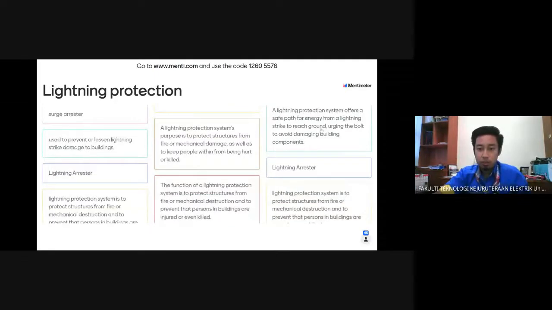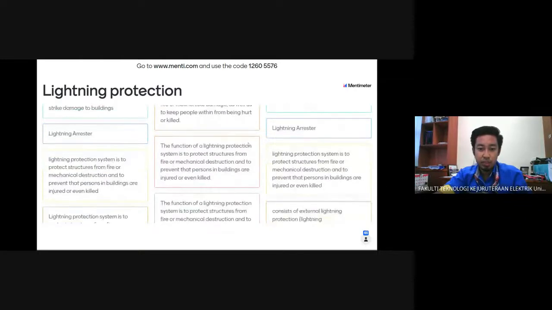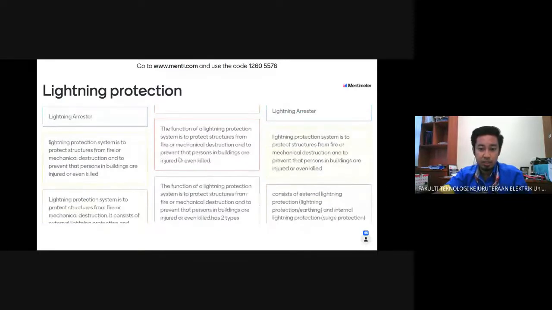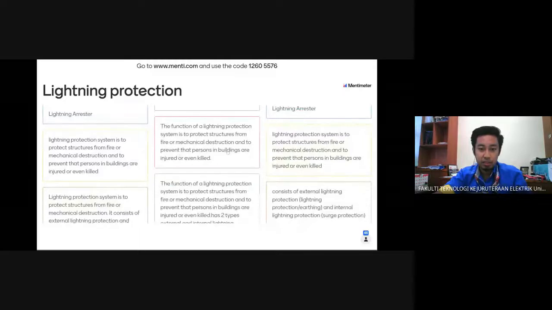A lightning protection system offers a safe path for energy from a lightning strike to reach the ground, guiding the bolt to avoid damaging the building components.